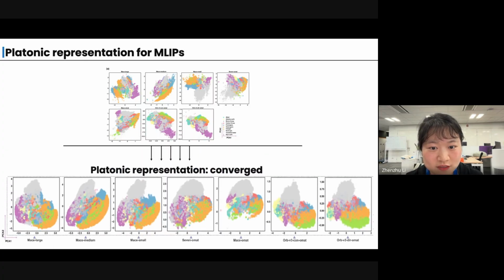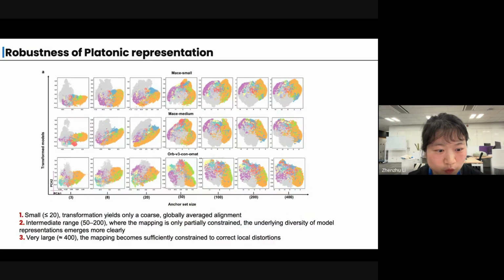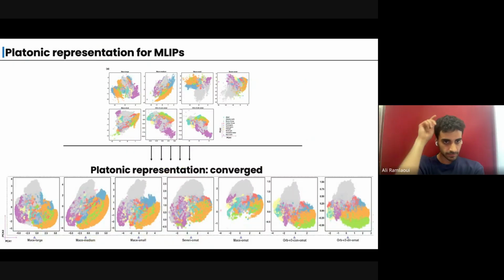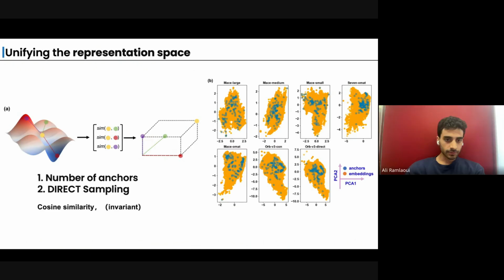So with this kind of anchor-based transformation, we can see that the 7 models' representations started to converge, and they are quite aligned. So, like in the beginning, they were not.